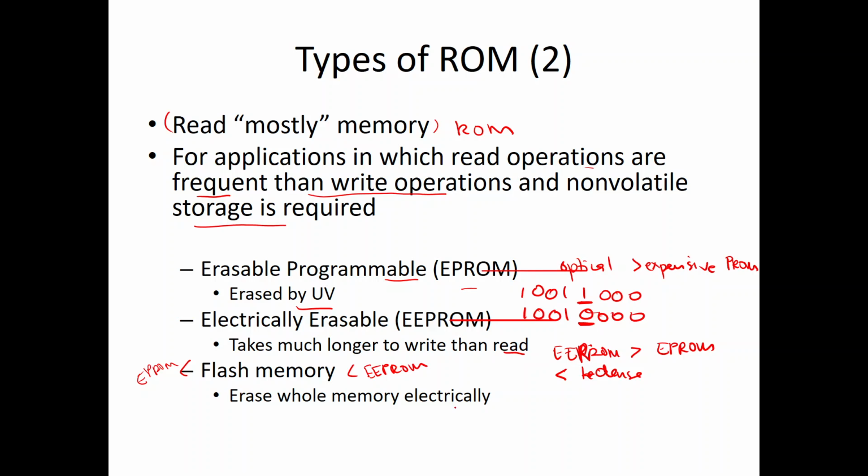Like EEPROM, flash memory uses electrical erasing. An entire flash memory can be erased in one or a few seconds, which is much faster than EPROM, in terms of erasing the whole block.